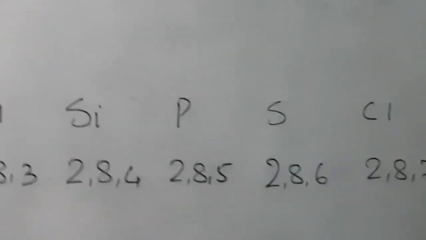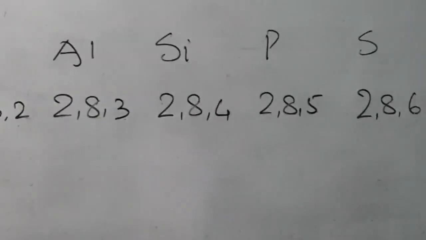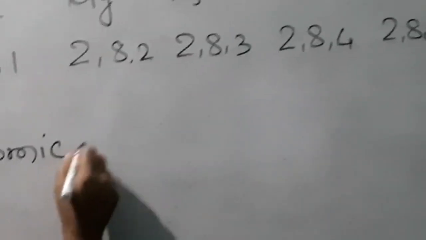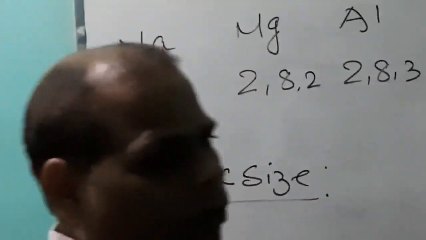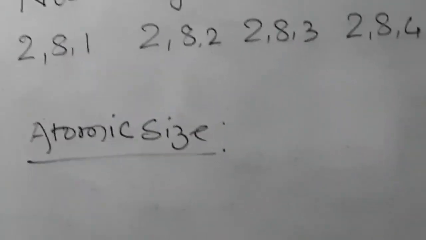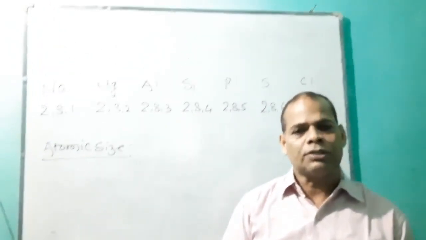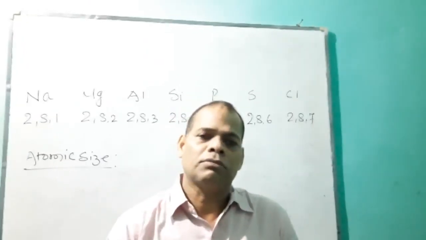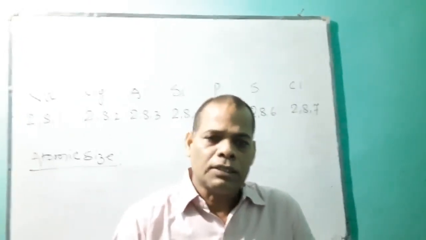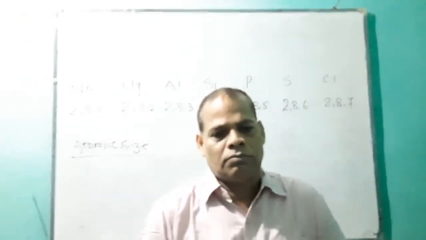Now the next characteristic we are going to discuss, that is very important, atomic size. First of all, let me tell you what is atomic size. The distance from the nucleus to the outermost shell containing electrons in an isolated atom.